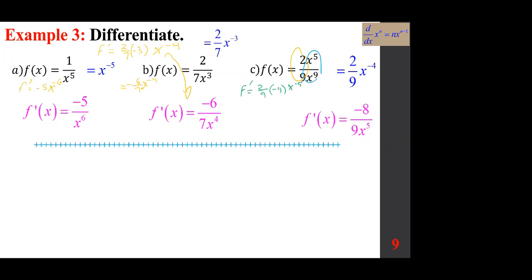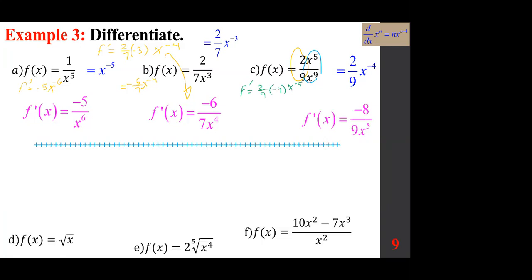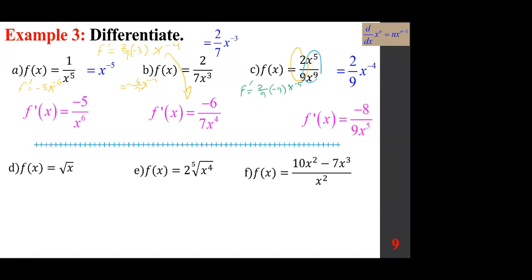Okay. All right. Let's look at the following. Again, we have to do our algebraic technique to make this happen. To do so, this one you have seen. You've seen it many times. So this is x to the power of 1/2. So f prime is 1/2 x to the power of 1/2 minus 1. 1/2 minus 1 is negative 1/2.